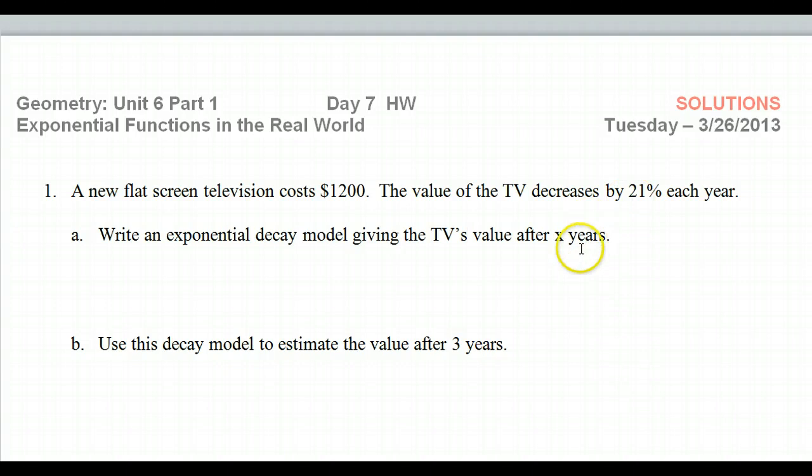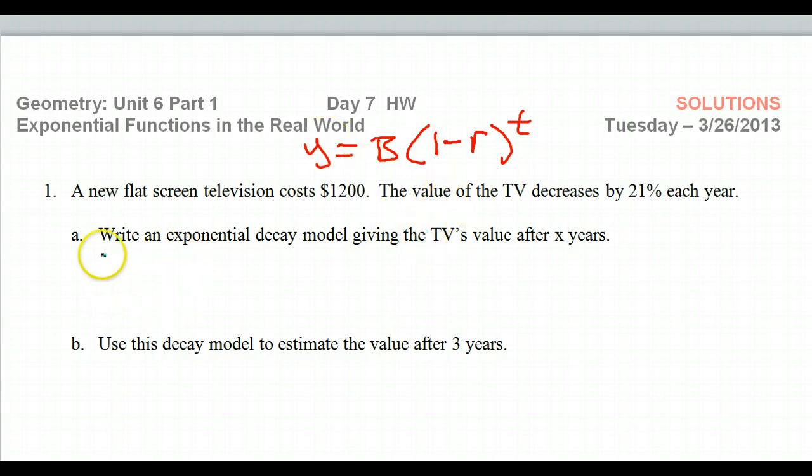All right, so we're talking about exponential decay. So we should be looking at the model that works like this. That has this basic form where b is the beginning amount. Because this is decay, we're going to do 1 minus the rate to the power of time.